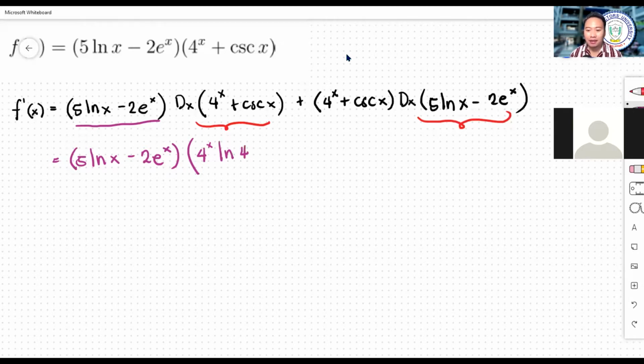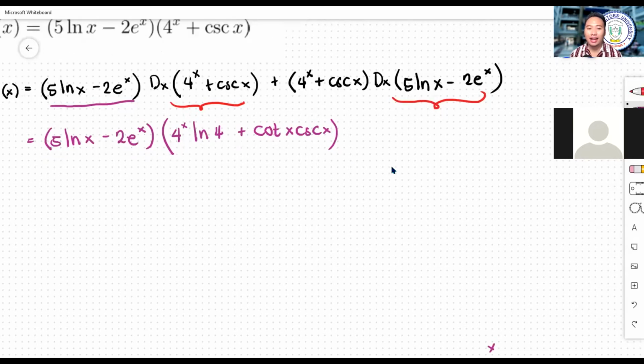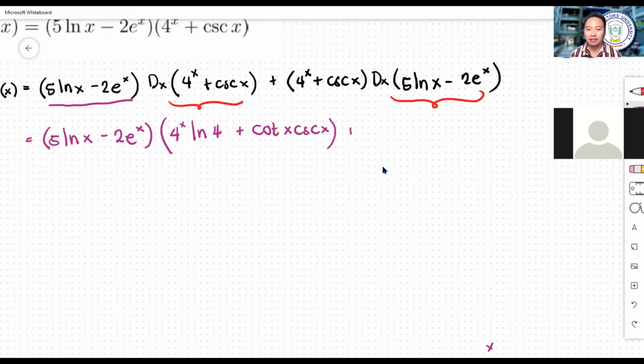Okay. Plus the derivative of cosecant x is cotangent x cosecant x. And then plus 4 to the x plus cosecant x times the derivative of this one here.